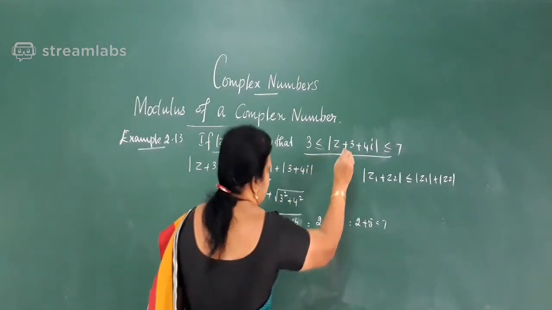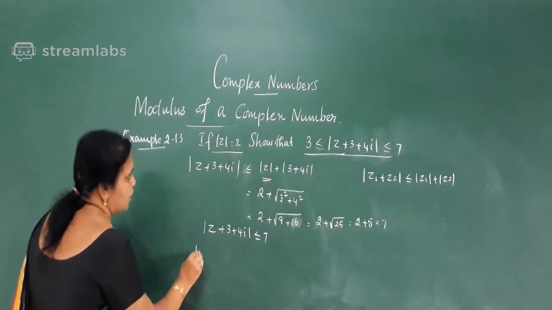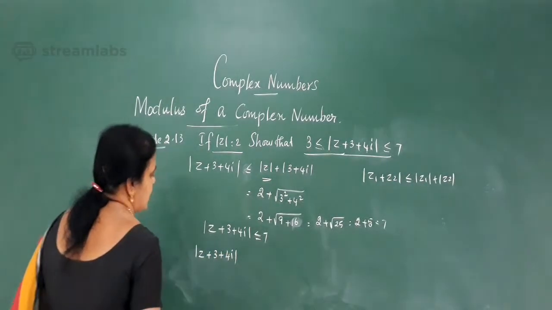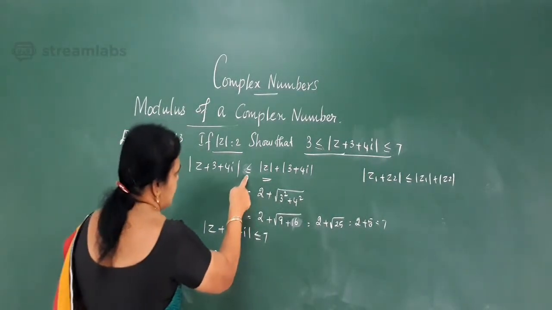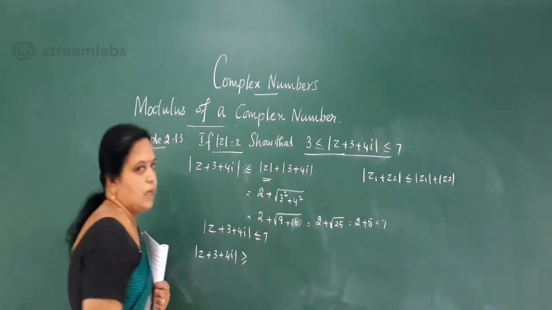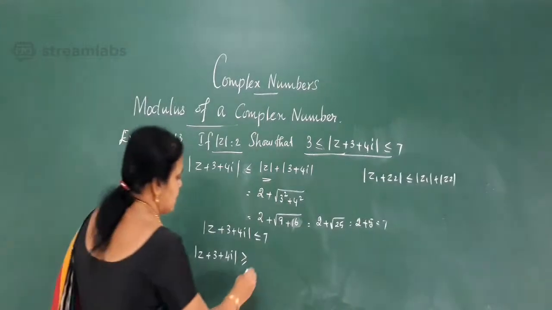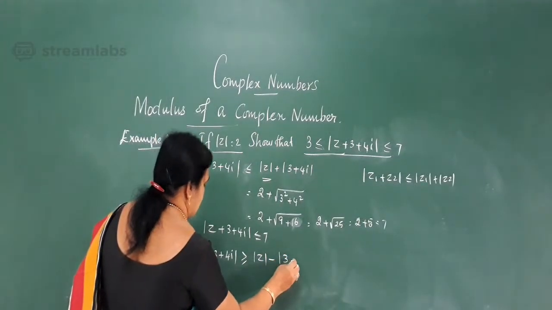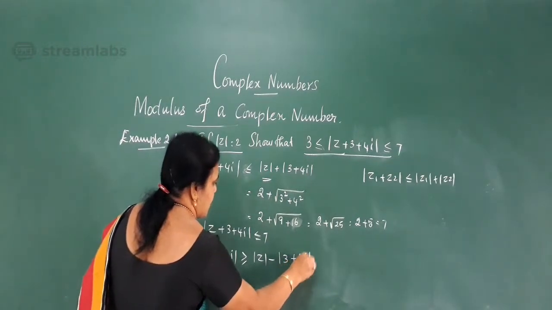Now I am going to take this part. See, modulus z plus 3 plus 4i greater than or equal to. Suppose if I am writing less than or equal to, it means I want to write plus. Greater than or equal to means mod z minus mod 3 plus 4i.